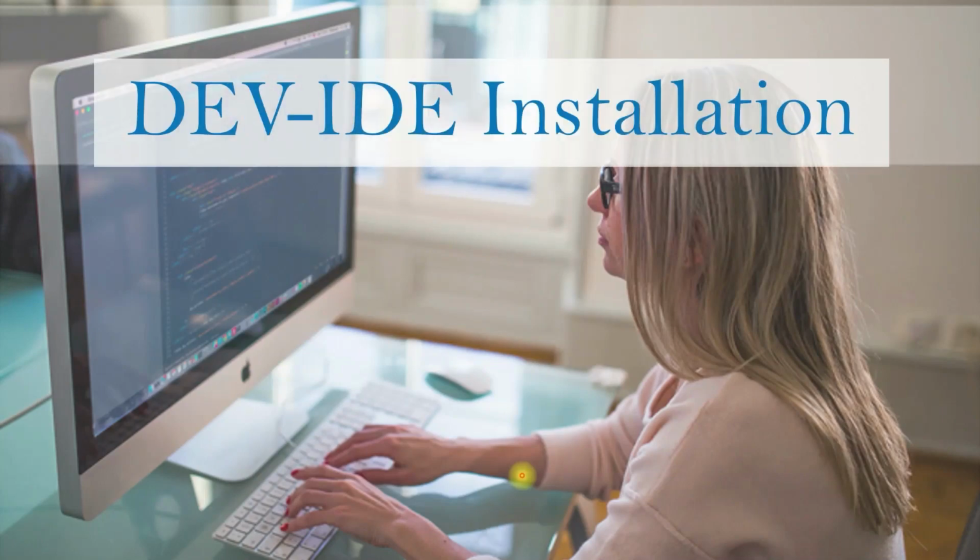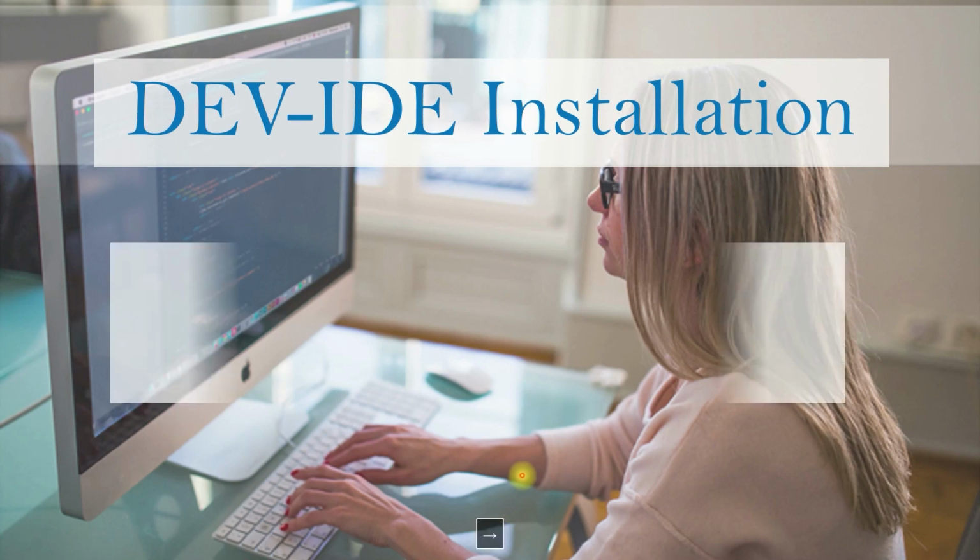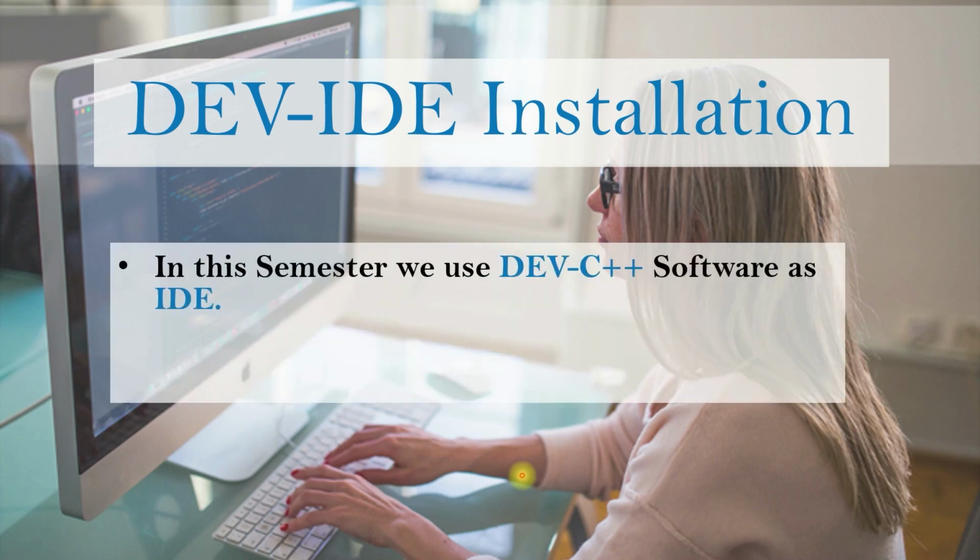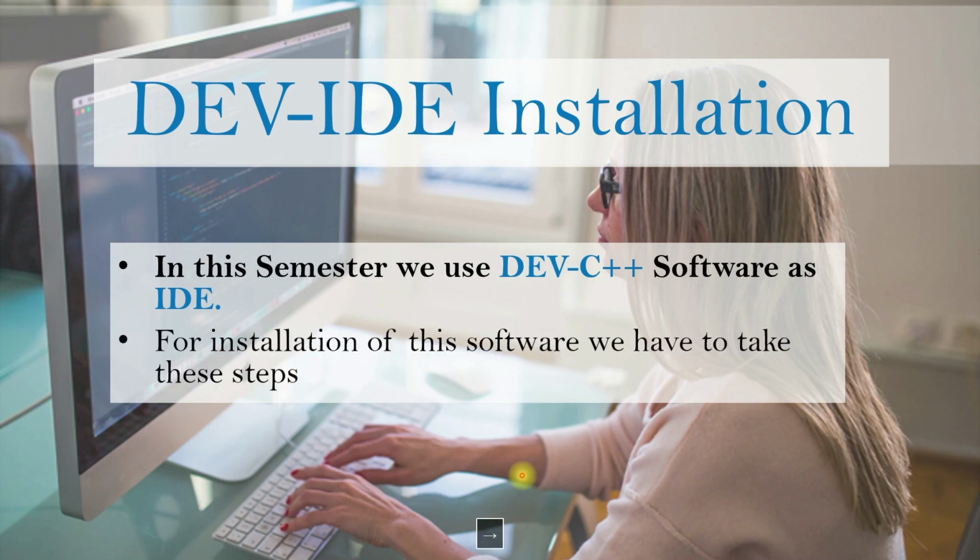In this course, I chose Dev IDE as our IDE, and now I want to show you how you can install that IDE. For installation of this software, we have to take these steps.